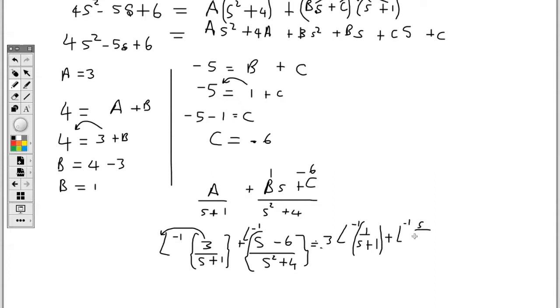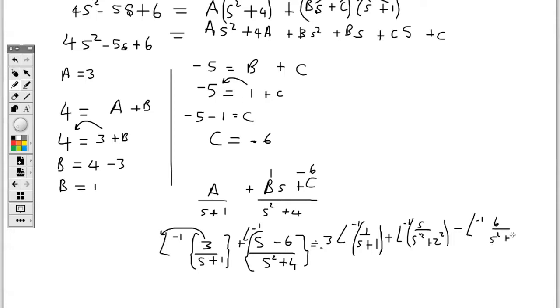So I will have the inverse Laplace transform of s over s squared plus 4, but 4 is the same thing as 2 squared, so I'm going to write it as 2 squared. And then the minus 6 over s squared plus 4, I put the minus on the outside, 6 all over s squared plus 4.